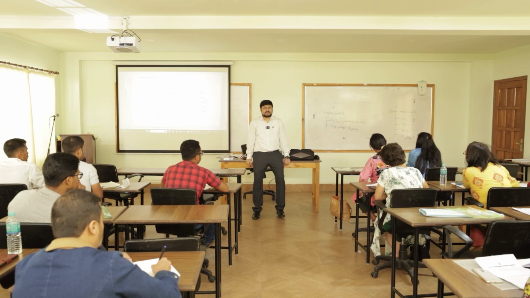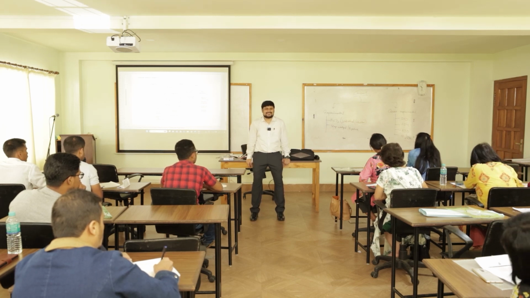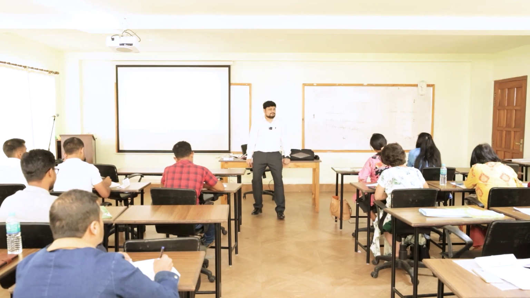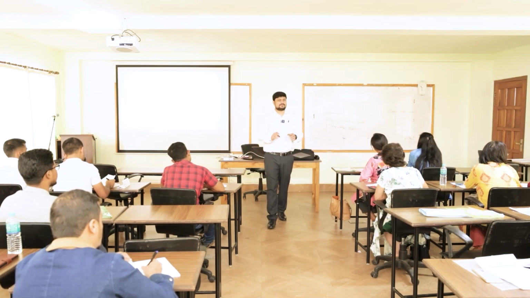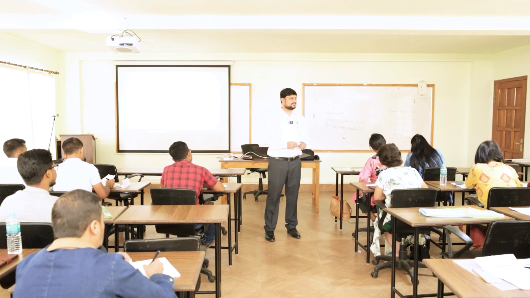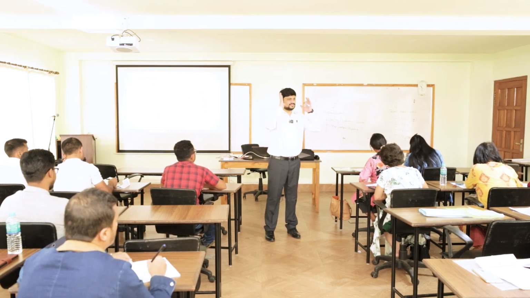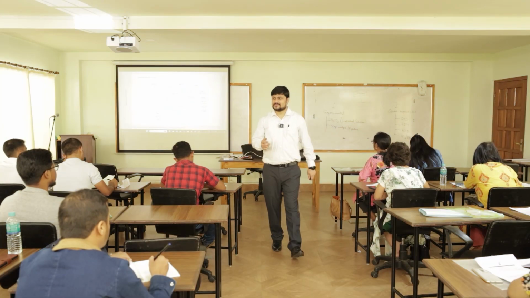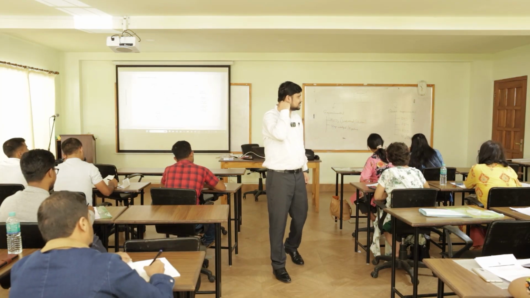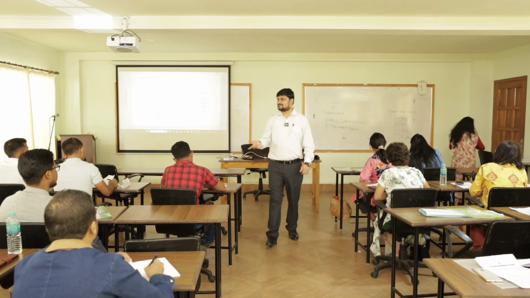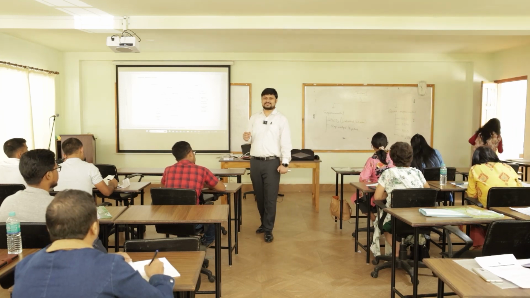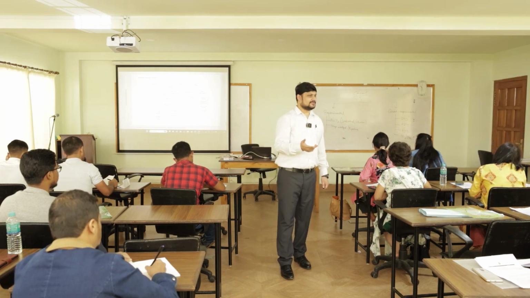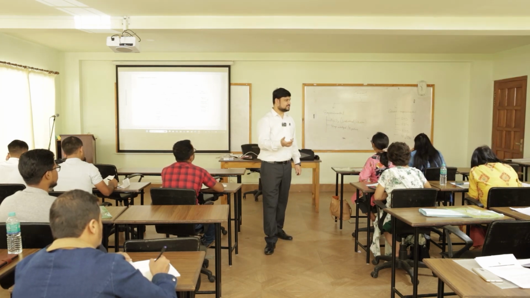What is a randomized controlled trial? We discussed it yesterday. The moment we hear about a randomized controlled trial, there should be two groups that emerge in our imagination. One should be the treatment group, the other should be the control group. The treatment group gets the treatment, as the name suggests, and the control group is given a placebo or no intervention at all.